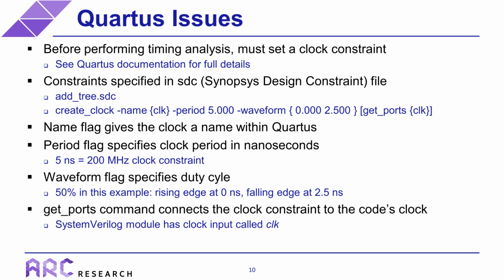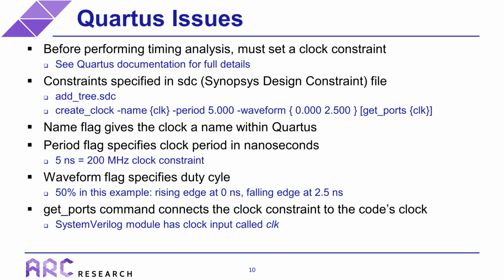Within that file, you can find a create clock command that defines the clock constraint that we're going to be using. So the name flag for this command just gives the clock constraint a name within Quartus. This can be anything you want. I just happen to make it the same name as the clock in my code, but it doesn't have to be. The period flag specifies the clock period in nanoseconds.